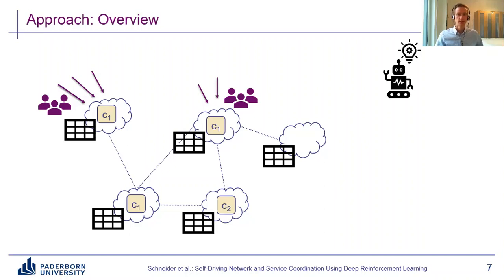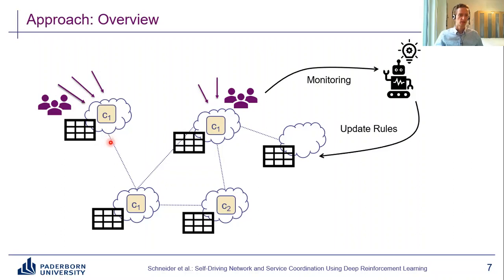In addition to that, we have a centralized reinforcement learning agent that observes the network through monitoring, so that gets partial and delayed observations from the network about the node utilization, about the traffic through monitoring, and then could see, for example, that load is increasing here, that the resources at this ingress node become highly utilized, and then it could update these scheduling rules that we have in these tables to, for example, send a larger portion of traffic to the neighboring node here, and by doing that, avoid oversubscribing the resources here.